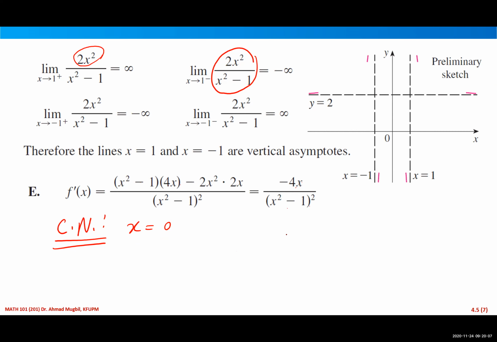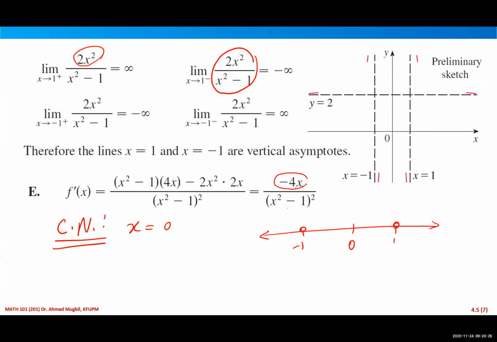Now we will do this small trick. This is the only critical number that we have. It is okay to write -1 and 1 here, but they will not affect the sign. By the way, the denominator is always positive because it is squared. Don't worry about it.